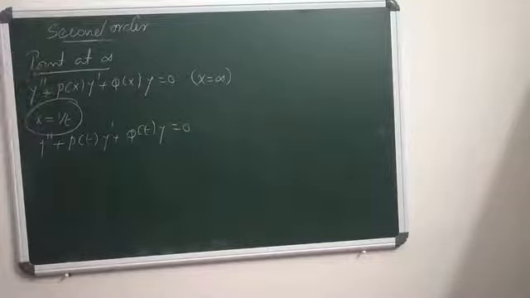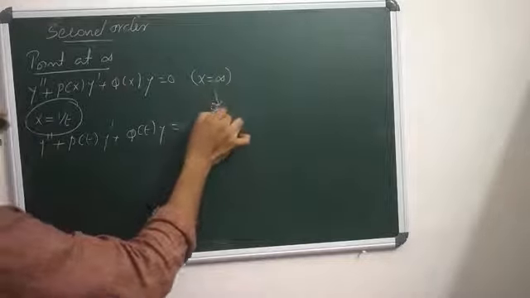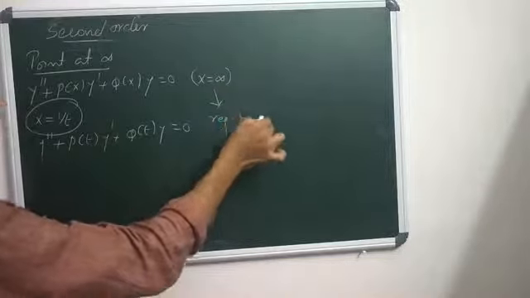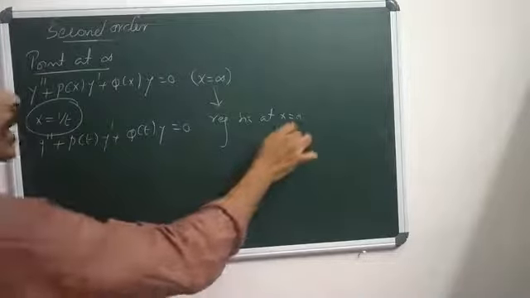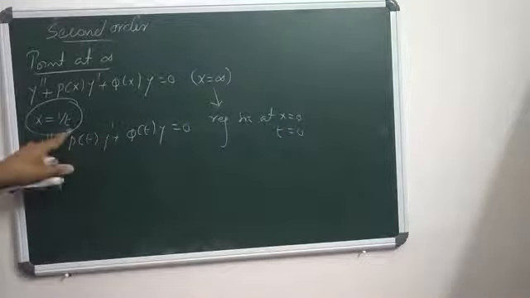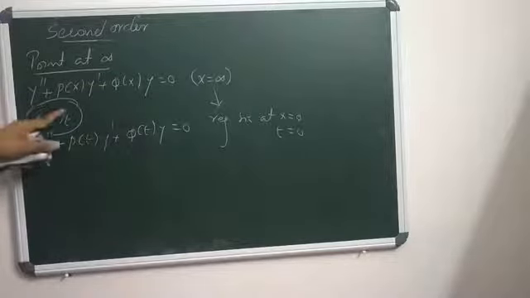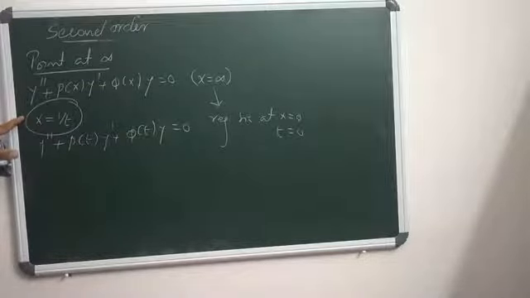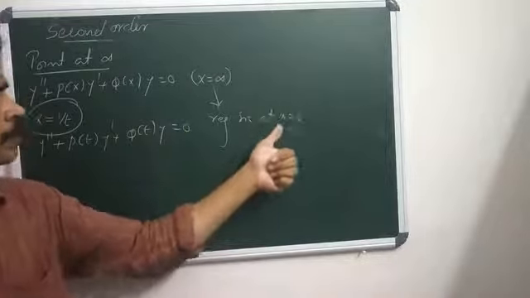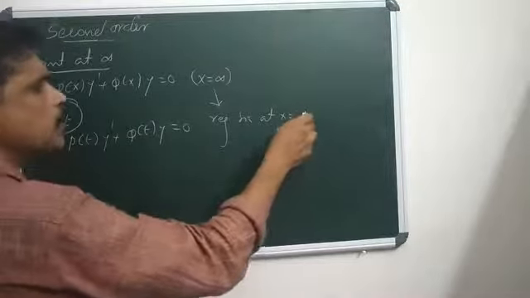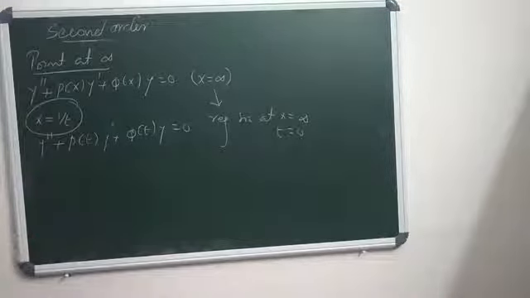The given differential equation is said to have a regular singular point at x equals infinity if it is a regular singular point at t equals 0. When t tends to 0, x tends to infinity, because of this transformation x equals 1 by t. So if x equals infinity is a regular singular point, then t equals 0 is a regular singular point in the transformed equation.